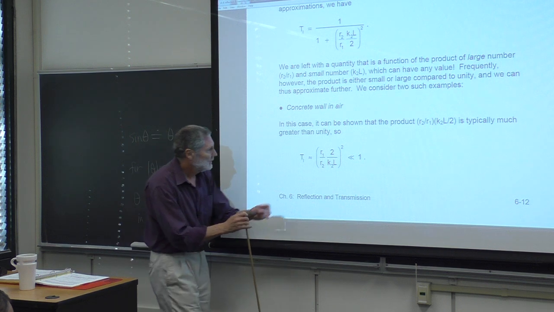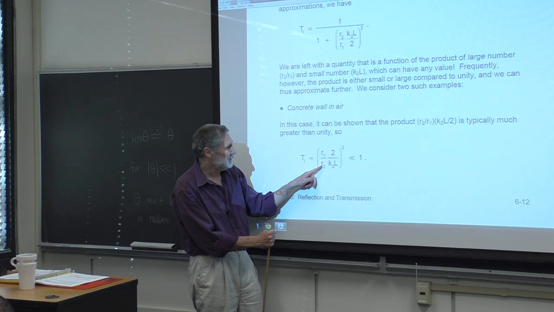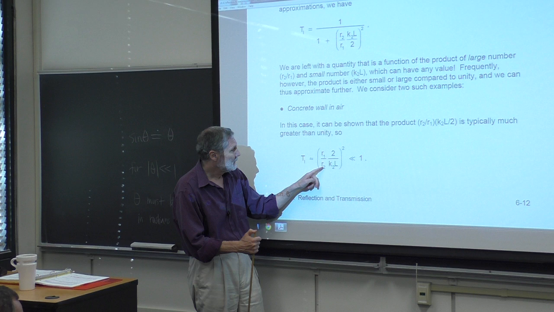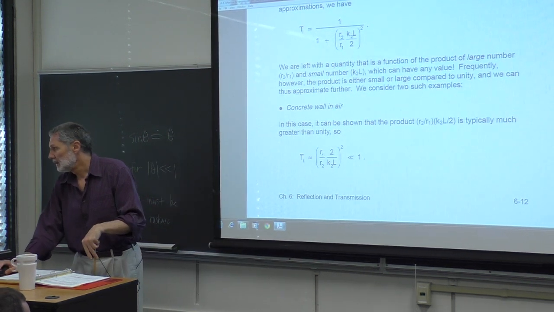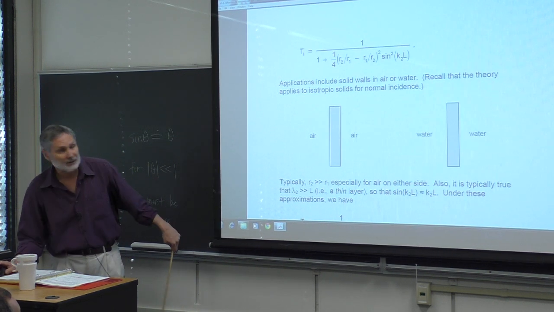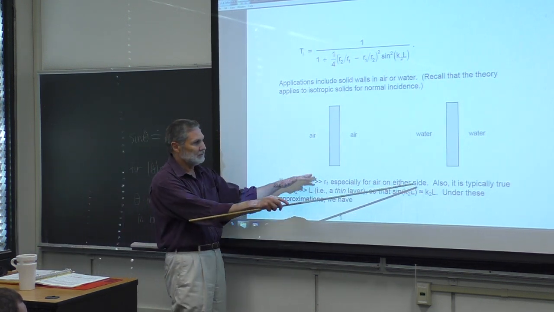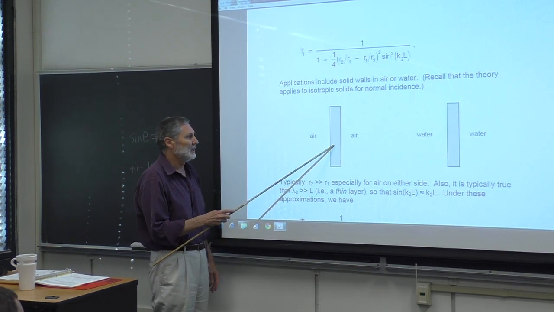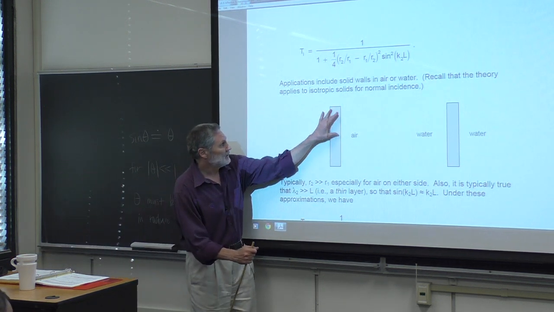And look what we have here. This is proportional to the density of the slab, right? This is proportional to the width of the slab. So here's the rule. If you want to get good sound insulation in a situation like this, assuming you have to check these approximations, but they're typically true, what you want here is a high mass per unit area, because this material has a density.